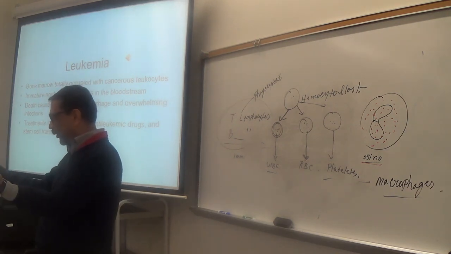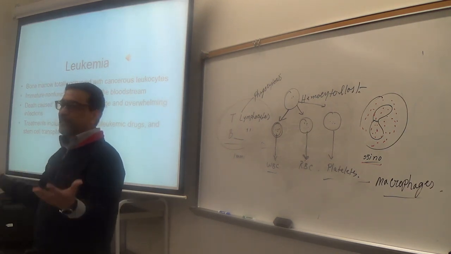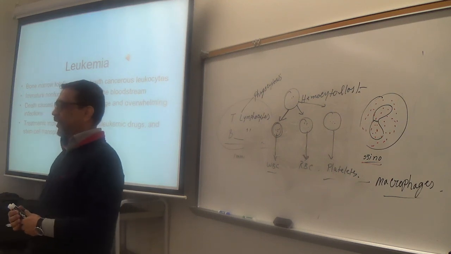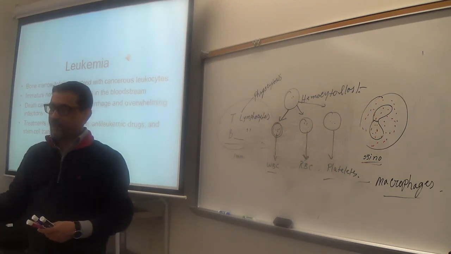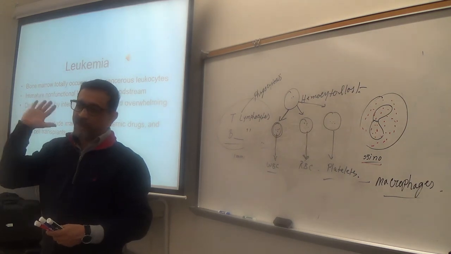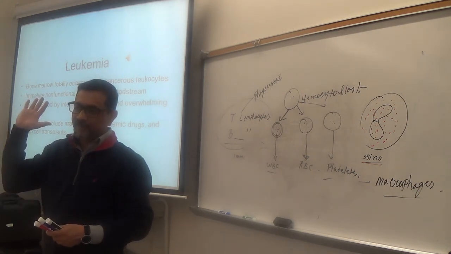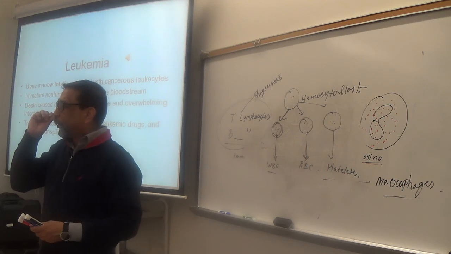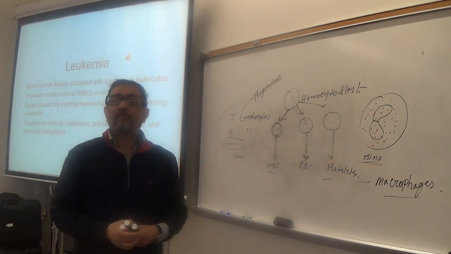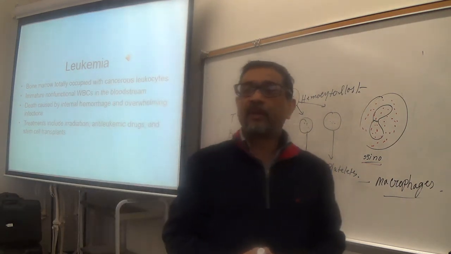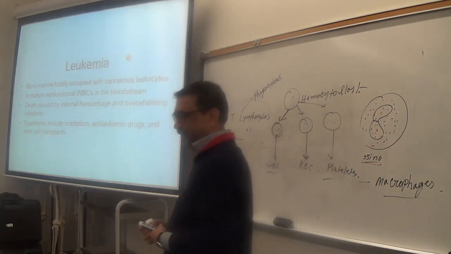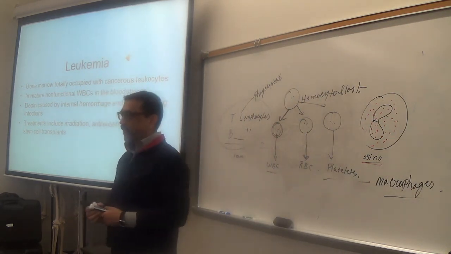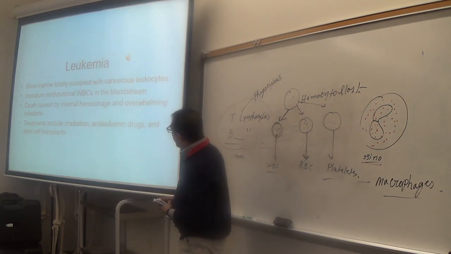Okay, that's the function of white blood cells, you know that. So these are non-functional white blood cells. So although the number is extremely high, they cannot destroy the microorganisms. Make sense? They cannot fight. So the patient can get multiple infections, widespread multiple infections.